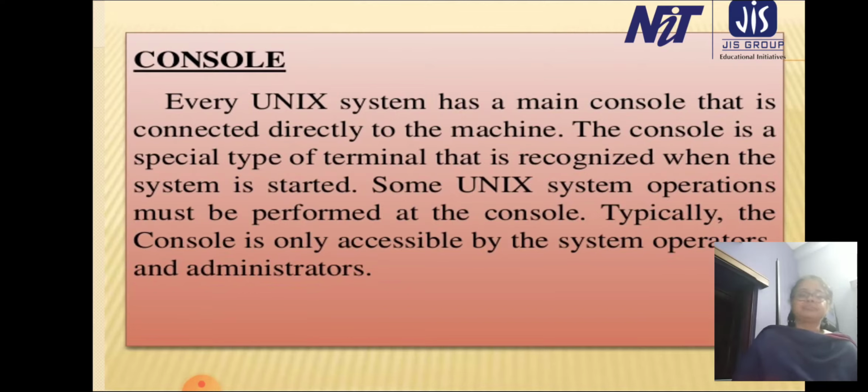Typically, the console is only accessible by the system operators and administrators. The Unix operating system is one of computing's most significant technologies, providing the framework that the Linux and Mac OS family of operating systems were developed on.